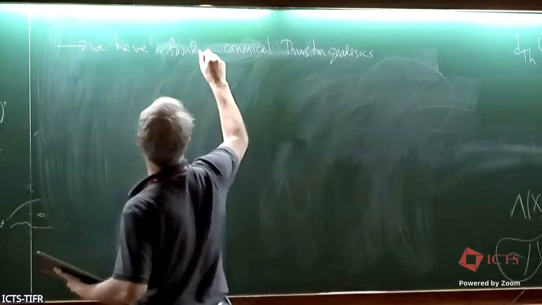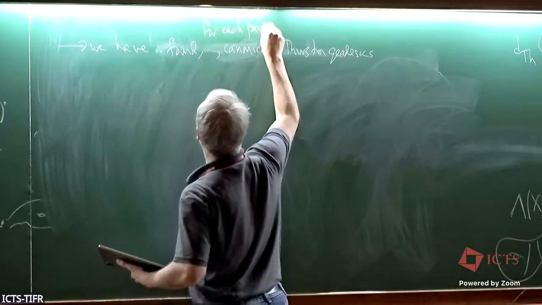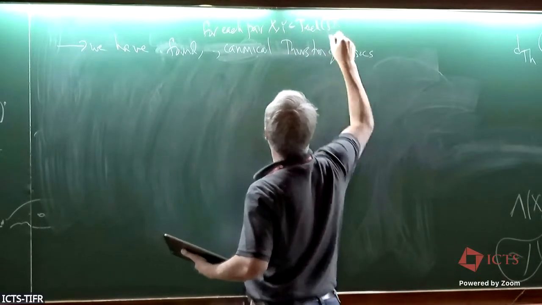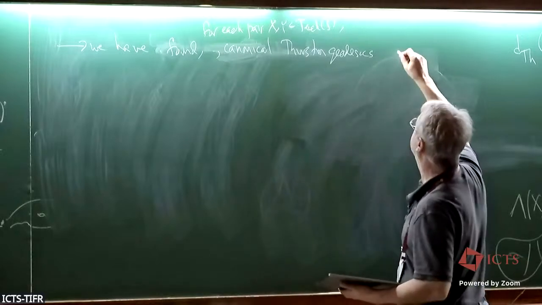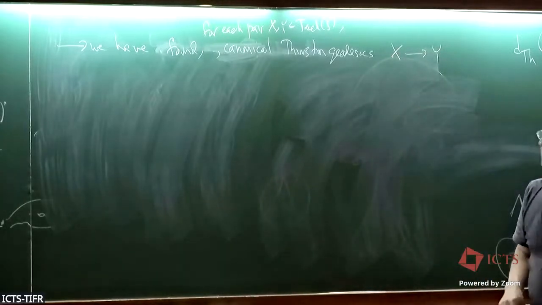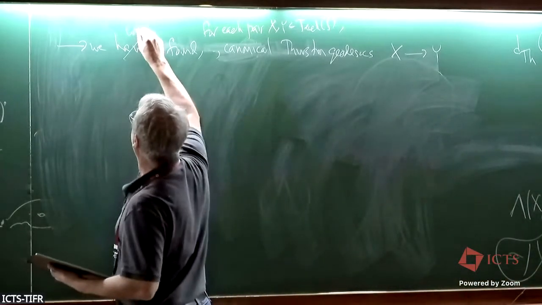We have found, for each pair X, Y in Teichmuller space, canonical Thurston geodesics from X to Y. Or maybe I should say, we will find.